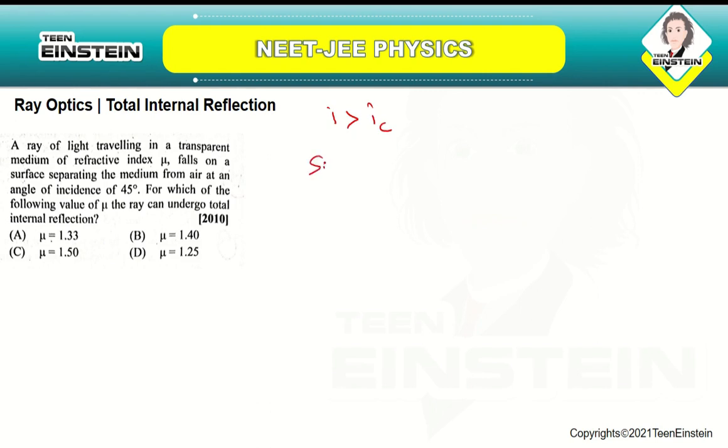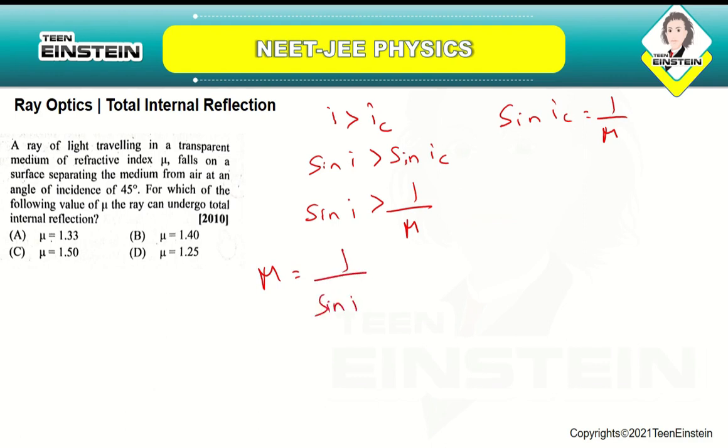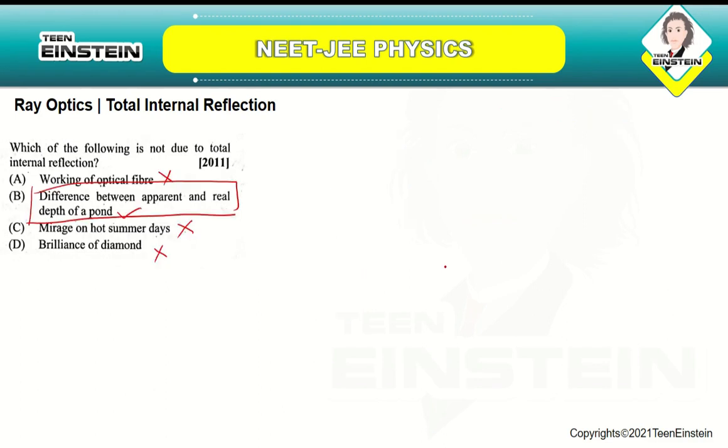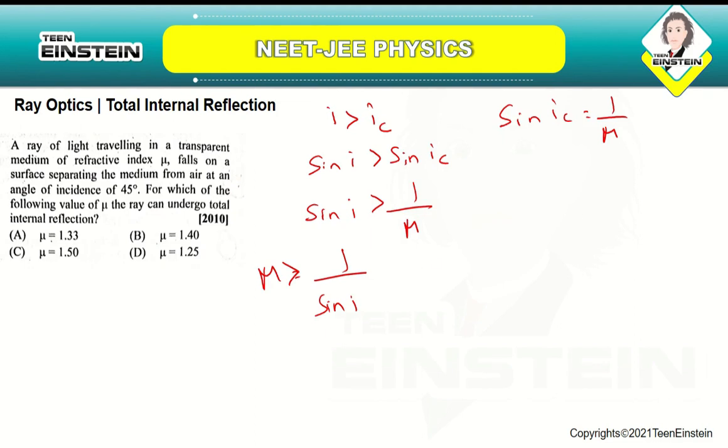So sin I should be greater than sin C, and sin C is 1 by mu. So sin I should be greater than 1 by mu, or mu is greater than 1 by sin I. Here they give the angle of incidence as 45 degrees, so mu should be greater than square root of 2.